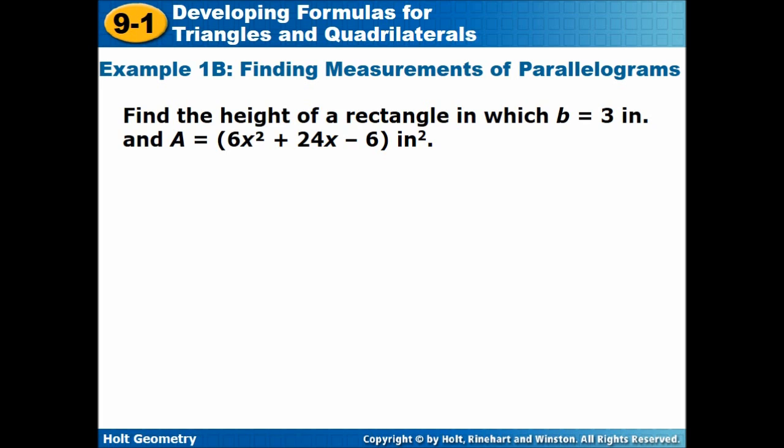So let's do this, and please don't be afraid of the quadratic expression that you see there as what A equals. Let's just put it into our equation and see how we're going to treat it.